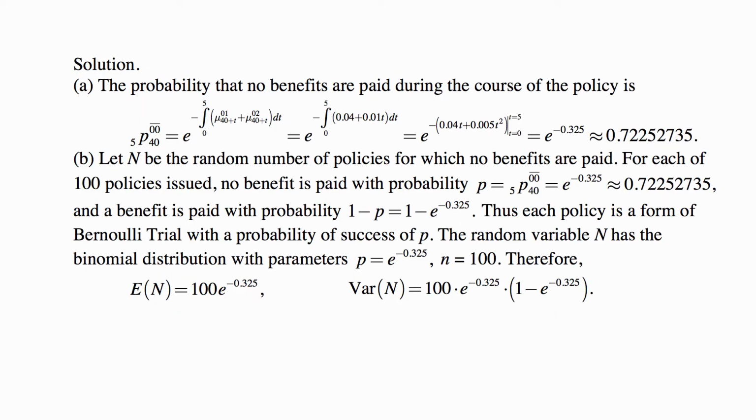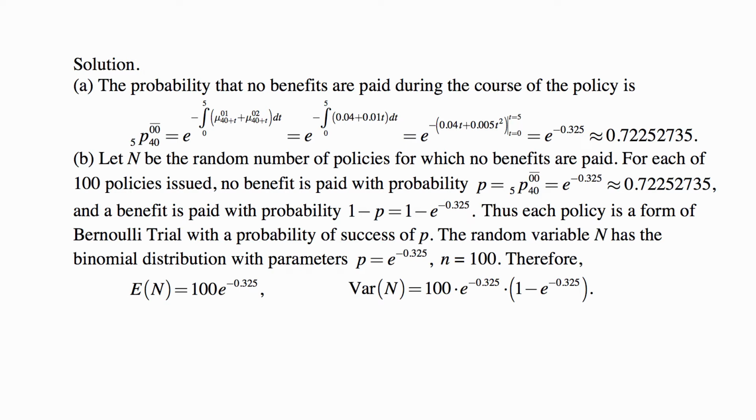Okay, so the probability that no benefits are paid during the course of the policy is the probability that the person, now 40 years old, who starts out as healthy, so in state 0, for 5 years will stay in state 0 continuously. Then only premiums are paid, no benefits are paid.